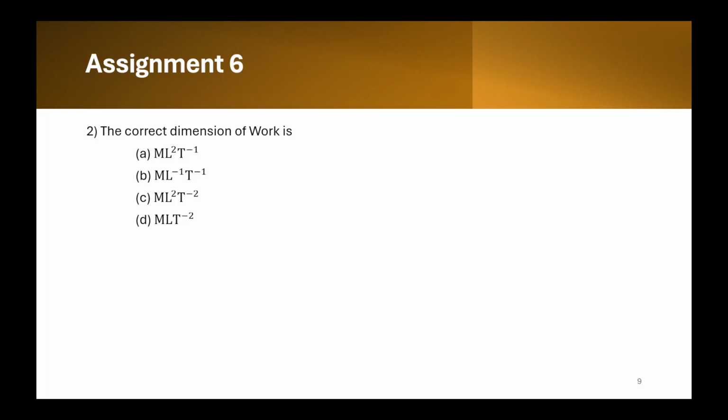Next question. The correct dimension of work is, so what is the correct dimension of work? As we know, work is basically force into distance. When we apply force on a body, it moves a distance, and that is what we call work done. The dimension of force is M L T minus 2.